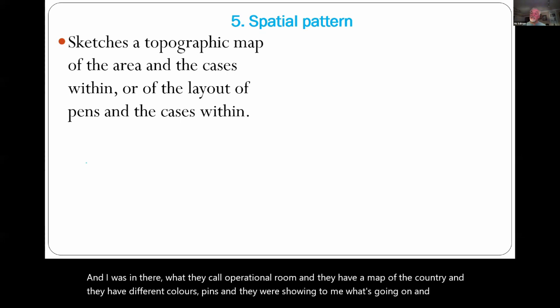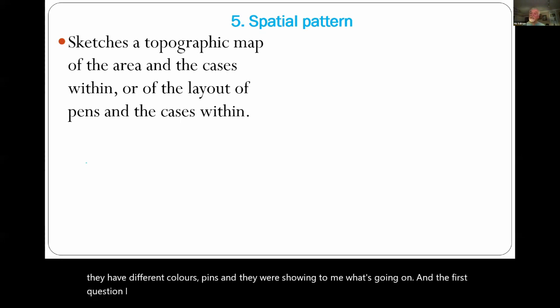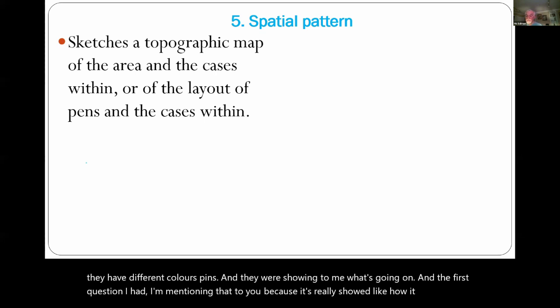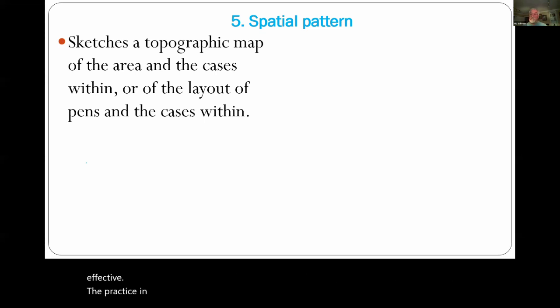I'm mentioning that because it showed how effective it can be. The practice in Uruguay is to have sheep and cattle together on every farm, okay?